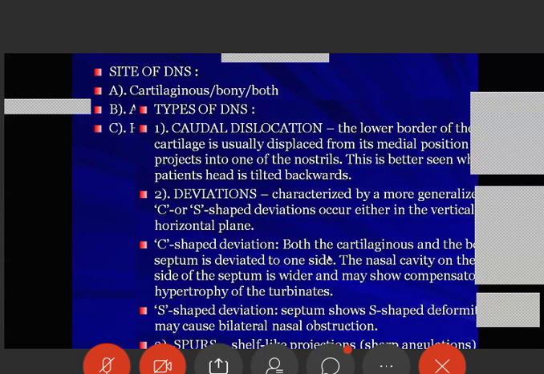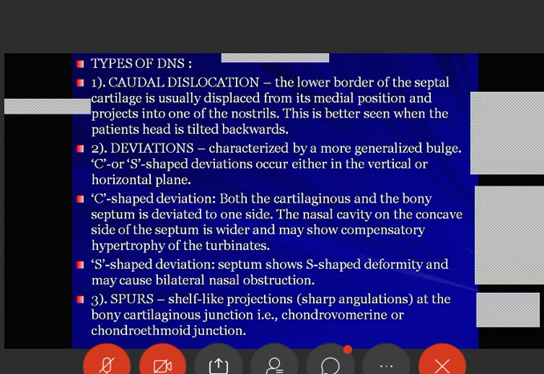So the types of deviations are either a caudal dislocation, deviations, or spurs. So caudal dislocation: normally the anterior-most part of the septum is kept in the columella. The columella is nothing but skin with fibrofatty tissue.